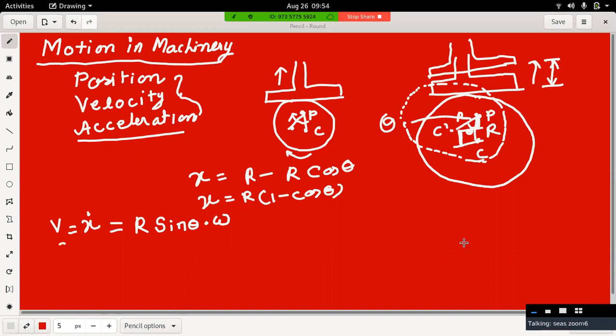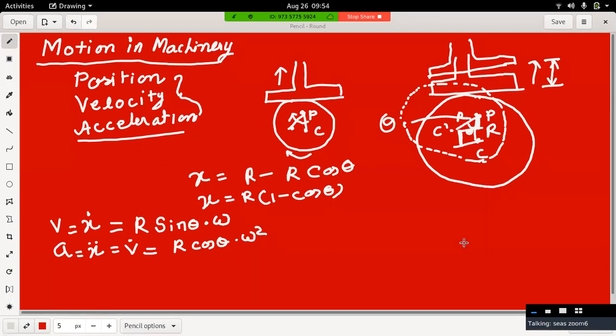Similarly, if we want to find the acceleration, we can do it by double differentiating the distance, that is, again differentiating the velocity, and it is nothing but R cos theta into omega square.